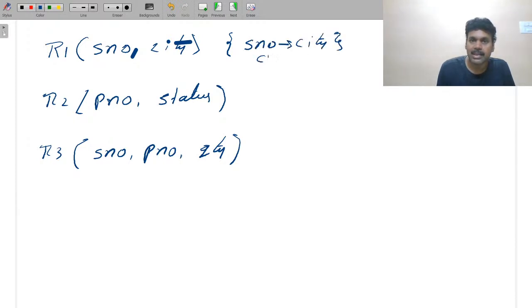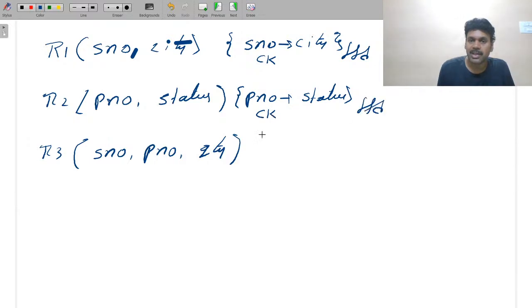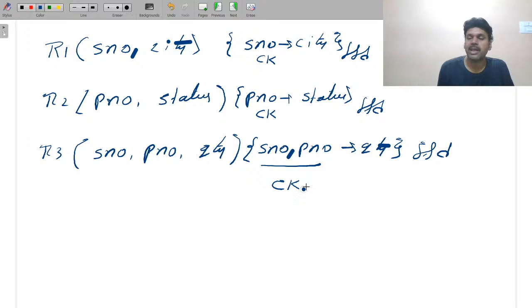This is the candidate key, hence it is FFD. Second one, P number implies status. As this is the candidate key, this is a fully functional dependency. And next one, S number comma P number implies quantity. This is also a fully functional dependency, as this is the candidate key. So friends, we made your single table into three parts and we have converted your partial functional dependencies into fully functional dependencies.